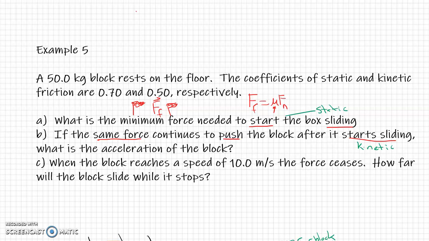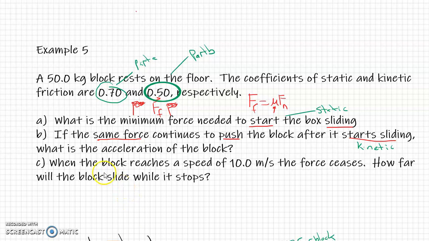Okay, so we're dealing with two different types of friction in parts A and B. So when I see this number here, this is the value that I'm going to use in part A, and this value right here is what I'm going to use in part B. Conceptually, that's what's going on there.